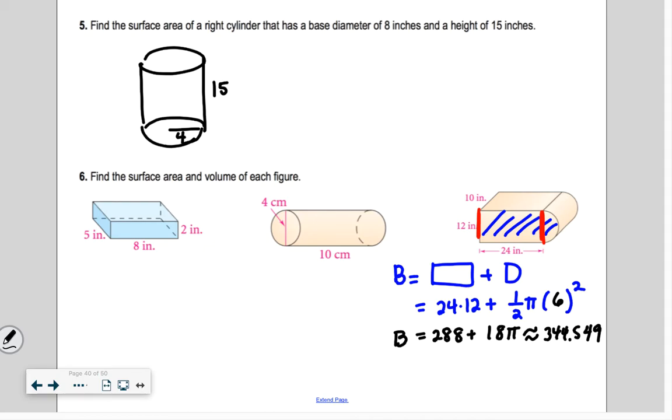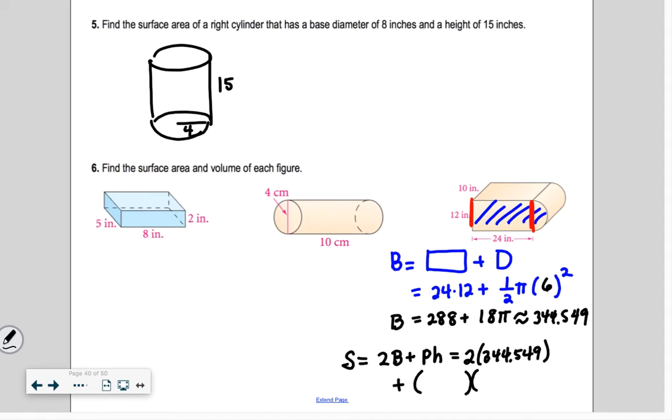Okay. So let's put this all together. Let's say our surface area is equal to 2 times the area of the base plus that perimeter times height. So we have 2 times that 344 number, but we need to do plus the perimeter times the height. Now height in this case, what is the height?